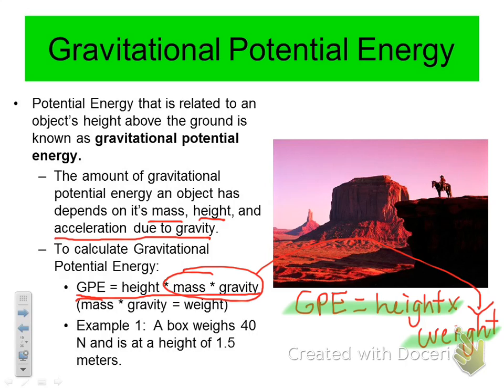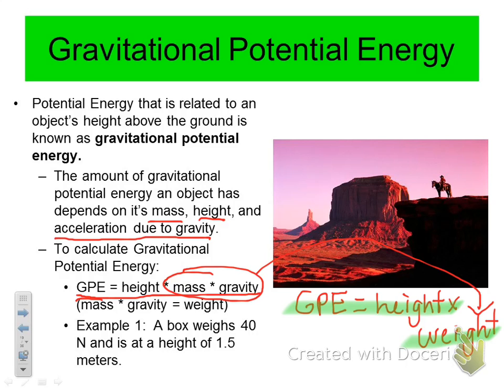Yep. Okay, so let's look at your example number 1 in your notes. A box weighs 40 newtons and is at a height of 1.5 meters. Do we know the weight? Yes. Do we know the height? Yes.